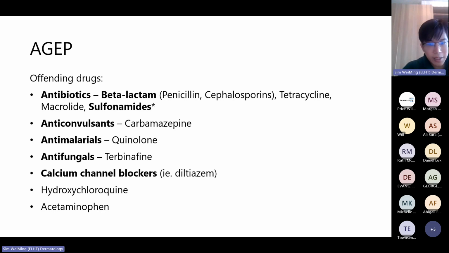I put that in bold because that's something that we give quite commonly as well. I put the sulfonamides in asterisks as well, because for AGEP, the non-antimicrobial sulfonamides might predispose to AGEP as well.